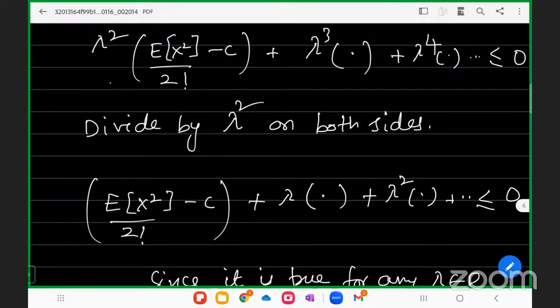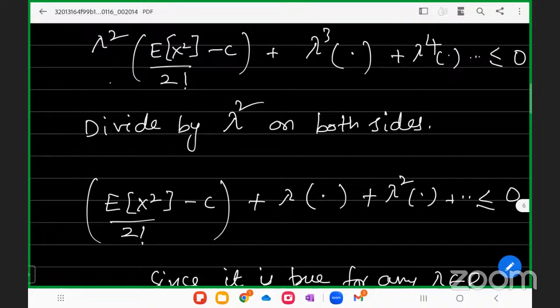You need not use the same lambda there and here. I was just thinking, as long as lambda is not equal to 0, the second inequality holds.